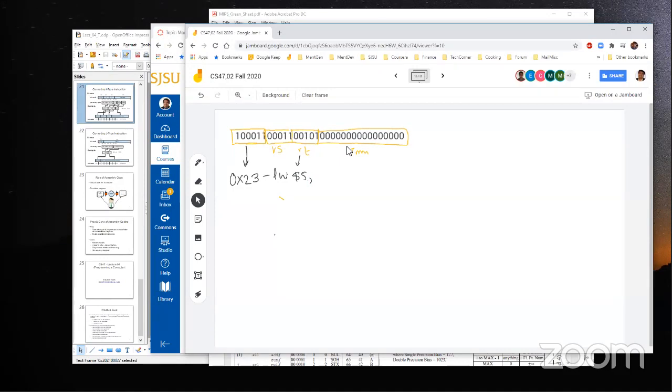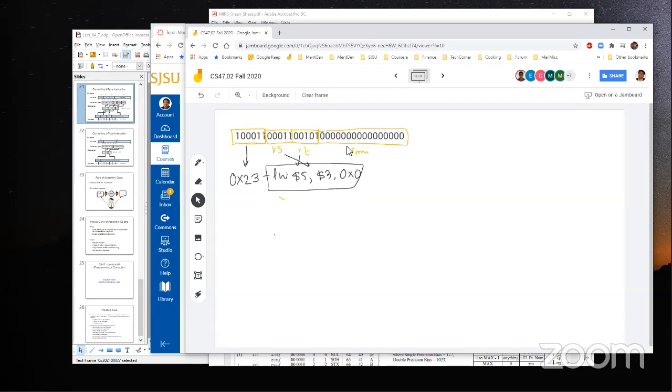Then RS comes here, register 3 with immediate field 0. So that's my instruction. Now the machine knows how to deal with that instruction and what to do for that.